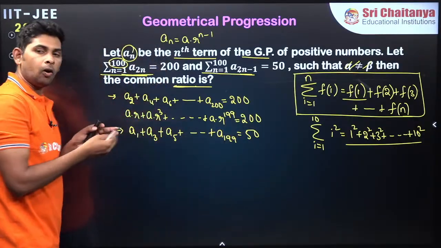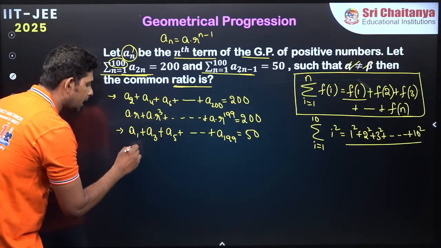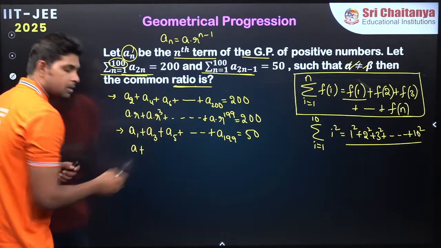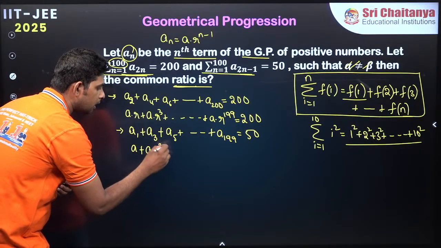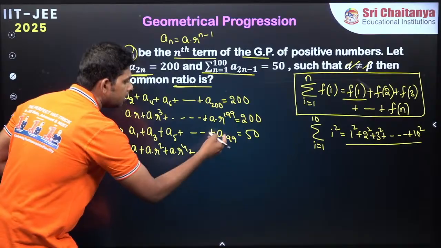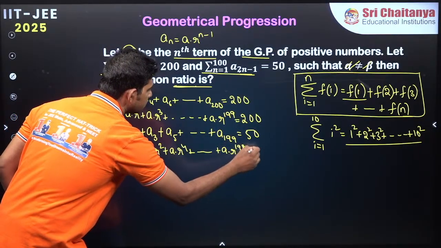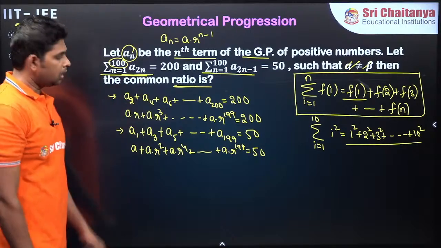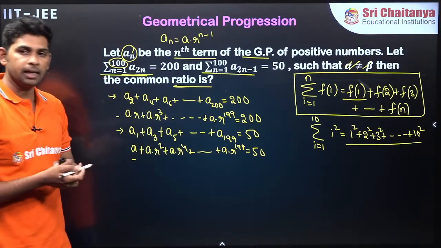Now why don't we write all the terms here and check? A1 is a, the first term, a3 is a into r square, next a into r power 4, up to a into r power 198, which equals 50.